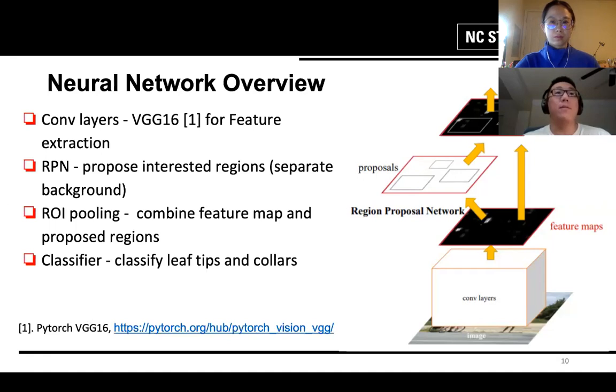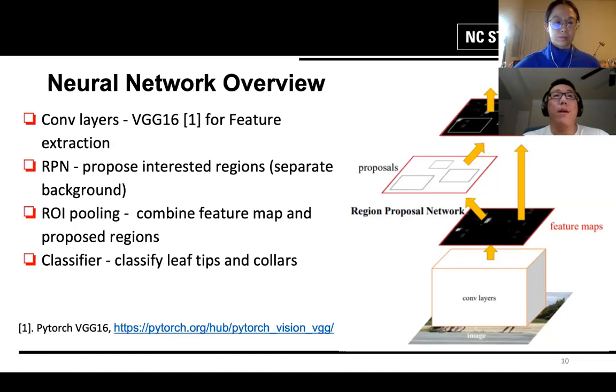Then the feature map is fed into the next stage, which is called the region proposal network, or RPN. The purpose of the RPN is to classify the feature locations into two classes, background and foreground. RPN generates anchors using feature locations to compare to the ground truth labels to see how much they overlap.